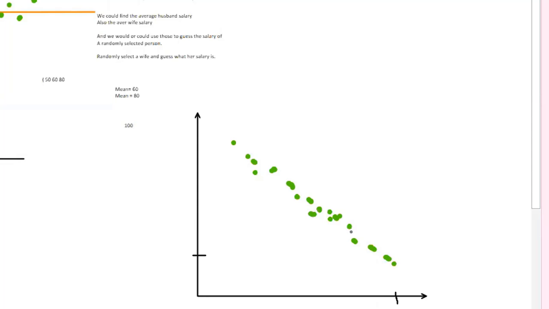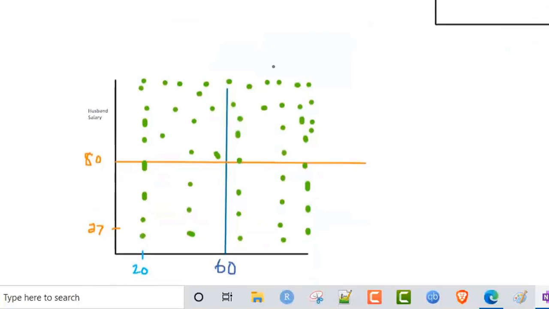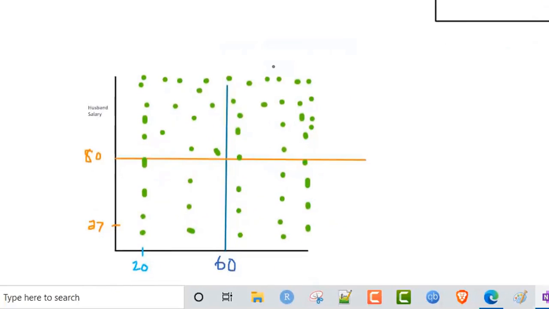We say they're very strongly related, or very strongly correlated, or not the dots are correlated, the two quantities, wife's salary and husband's salary, are strongly correlated here and also here, but not here. Here, the correlation is like nothing.